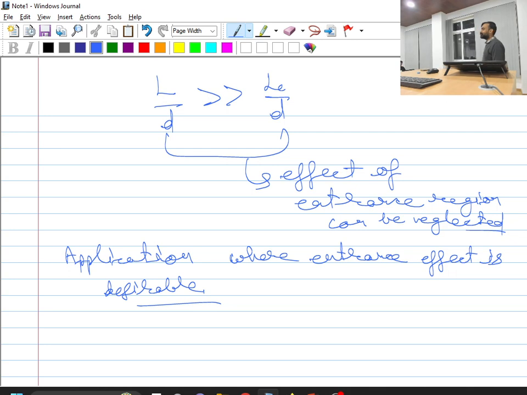Short length pipe. Okay. So basically, say testing of aeroplane structures in the wind tunnel.